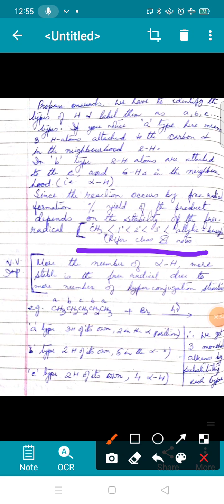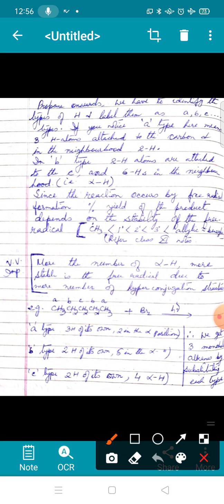Methyl free radical is one of the weakest or least stable free radicals, followed by primary, secondary and tertiary, and the most stable free radicals are allylic and benzylic. Here we have not encountered allylic or benzylic free radicals.